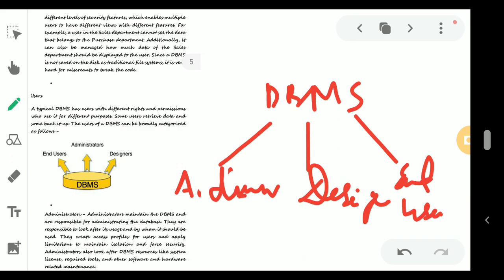Okay, now number three, it is a specialized user. These people are engaged in writing specialized database application programs involving complex data structures. So what actually is meant by complex data structure? When we talk about the architecture of a DBMS, at that point of time you will be able to understand the complexity of the architecture.